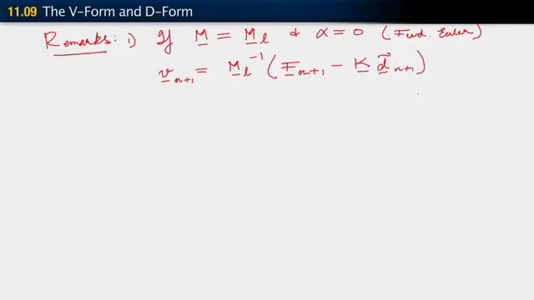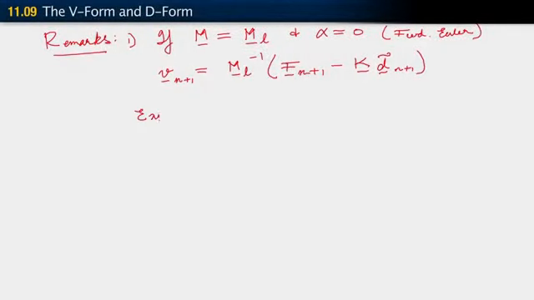Because the lumped mass is a diagonal matrix, its inverse is trivial, right? So as a result, we don't really solve equations here. We don't have to solve a linear system of equations by somehow effectively generating that inverse. So this is what we call an explicit method.